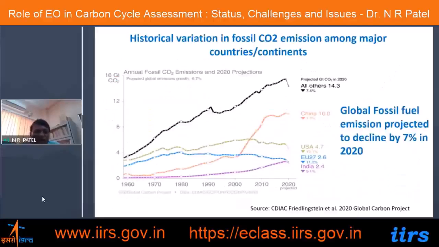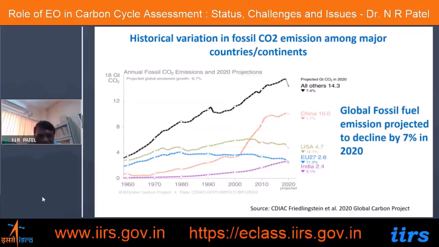You see this from 1960 to 2020. China, from 2000 onwards, has very high fossil fuel CO2 emission, almost 8 to 10 gigaton carbon.